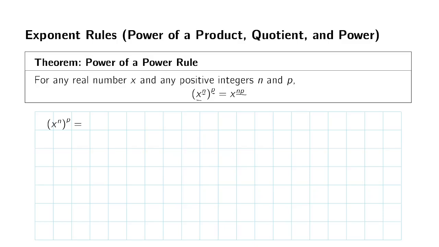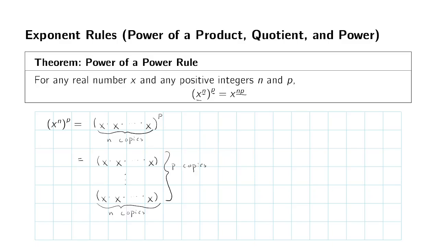Why is that? Well, if we have x to the n to the p power, right, x to the n, that's n copies of x, all multiplied together. And now if we raise that to the p power, we're going to take p copies of that. And so we have n copies, and we repeat that p times.